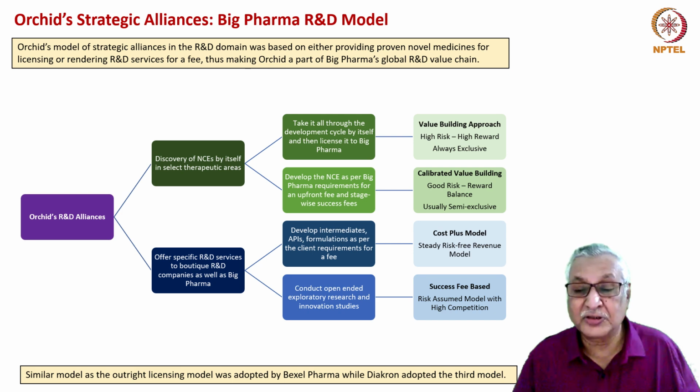The other option was to conduct open-ended exploratory research without asking anything upfront, but offering it as and when required as innovation studies. The first one of taking it all through the development cycle by itself and then licensing was the highest value building approach. It entailed high risk but also provided high reward, and it was always exclusive.